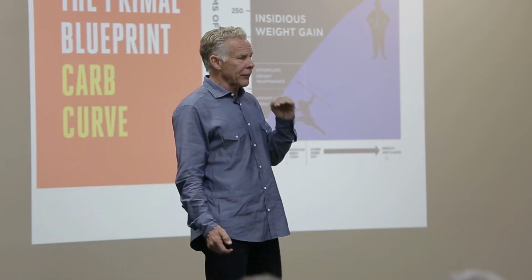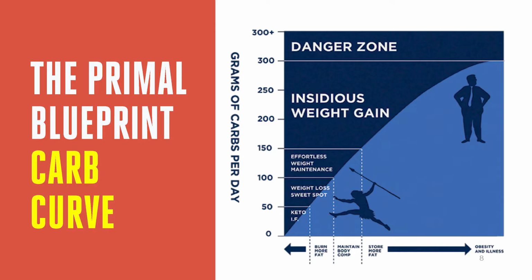It's almost impossible. You have to overeat to do that. So 150 grams a day becomes a dividing line under which I guarantee you're going to be a lot healthier, you're going to have a lot more energy, you're going to burn more fat, you're going to achieve your weight loss goals and arrive at your ideal body composition effortlessly.